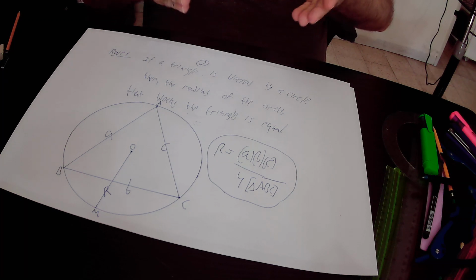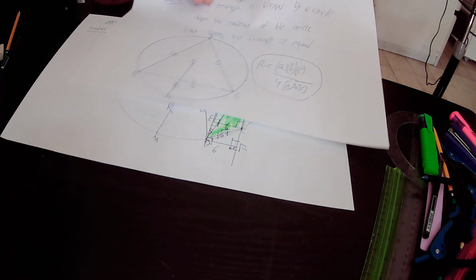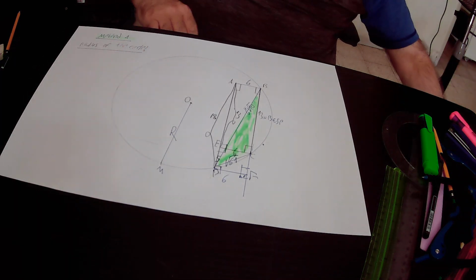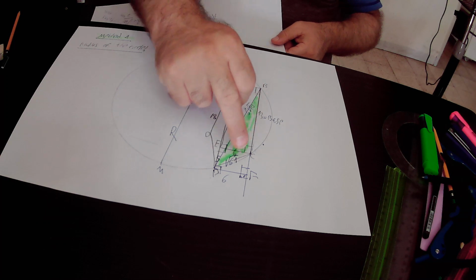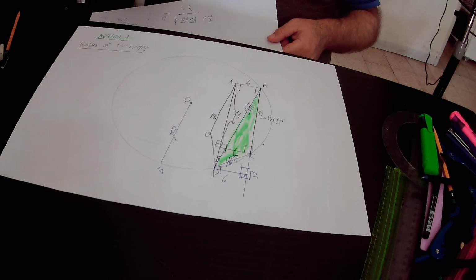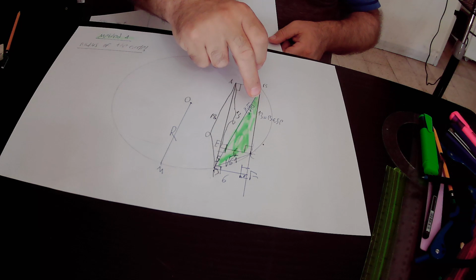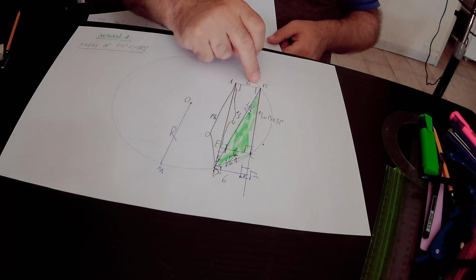So we can implement this rule number 1 in our drawing. Why? Because in our drawing we have the green triangle BDC that is blocked by this circle. Why is the green triangle blocked by this circle? Because all 3 vertices of this triangle touch the circle.